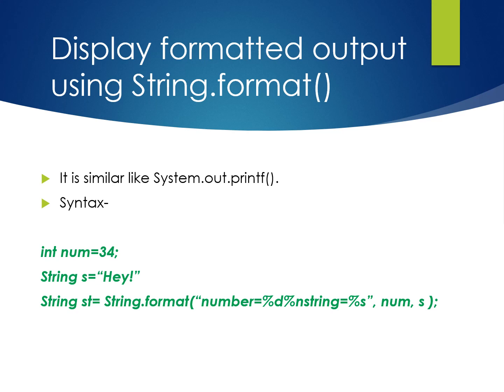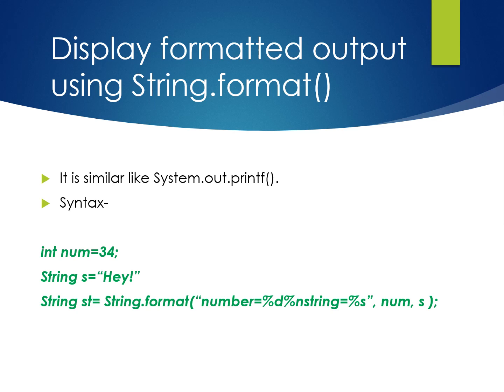Here we can also display output by String.format. The output will be displayed as formatted output. It is very similar to System.out.printf. The syntax: we take num as an integer equal to 34 and s as a string equal to "hey", and another string st = String.format("number = %d %n string = %s", num, s).